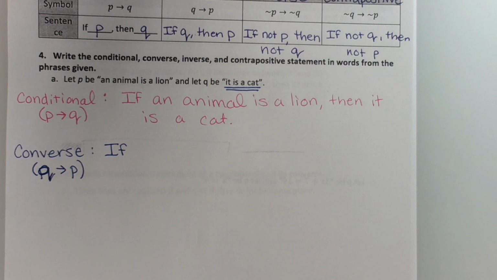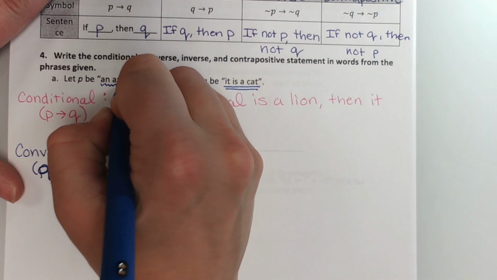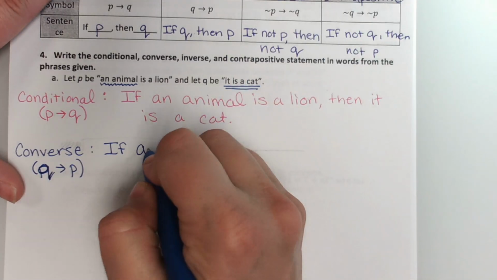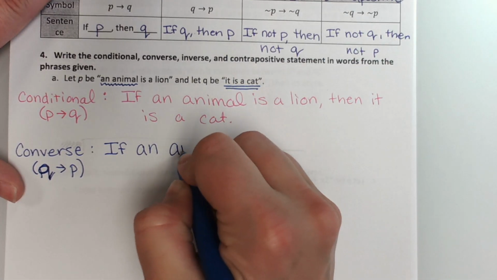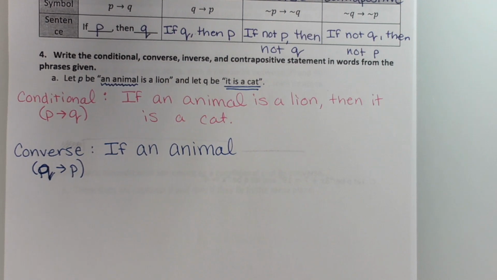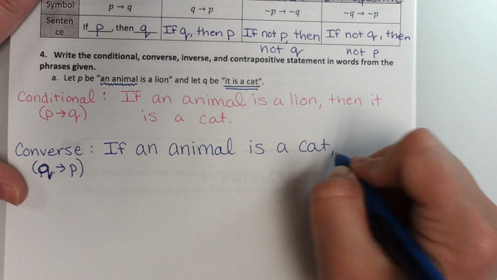What it are you talking about? Generally speaking, it's good to start off with the item you're talking about. In this case, the item is oftentimes found in P. What item are we talking about? Not a lion. More specific, less specific, an animal. So when I put the it is a cat first, I'm still going to put the animal part first, because in general, the sentences we're writing are about an animal. If an animal, but this time we start with is a cat.